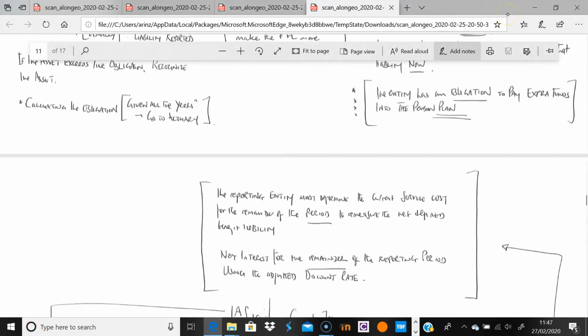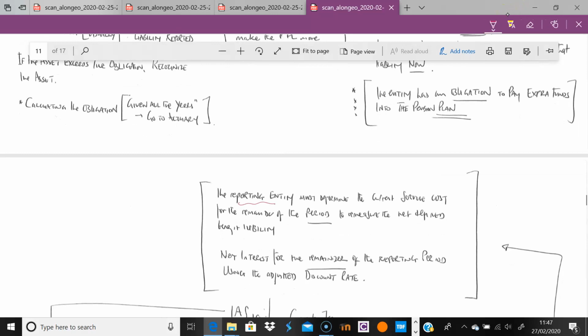The key point here is that the reporting entity must determine the current service cost. The fundamental issue is this: at the beginning of the year, the actuaries will tell us what the current service costs are. We wouldn't have known at this point if there were going to be any changes during the year.